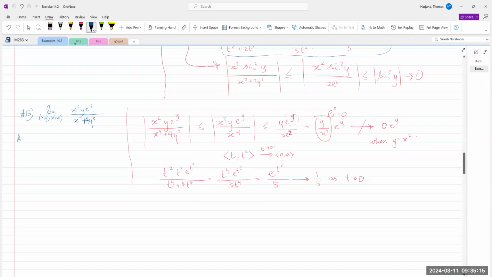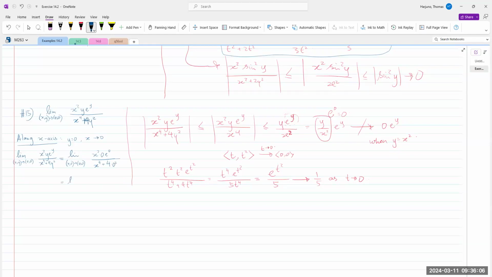So number 5, along the x-axis, which means our y is set to be 0, but x approaches 0. The limit equals the limit as (x,y) goes to (0,0) of x squared times 0 e to the 0 over x to the fourth plus 4 times 0 squared.